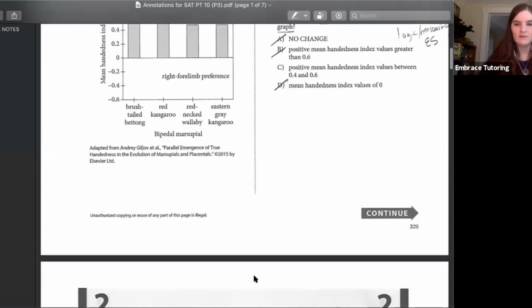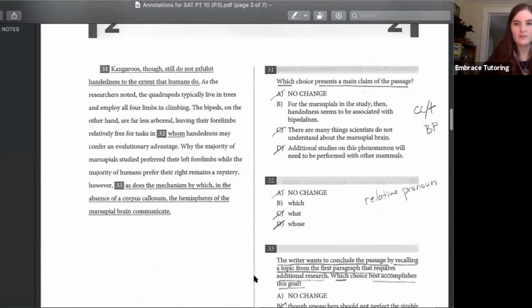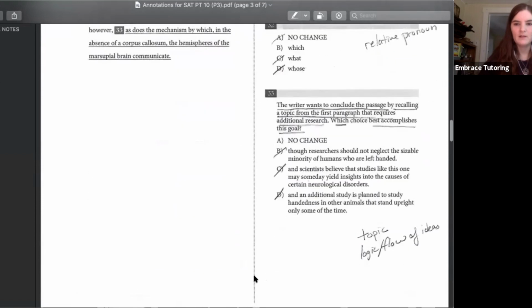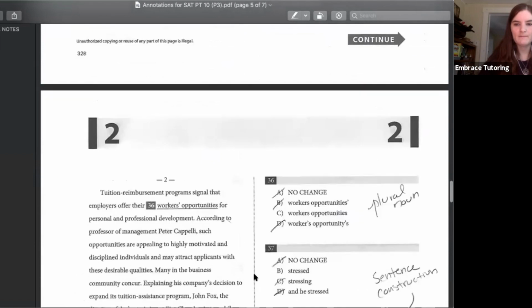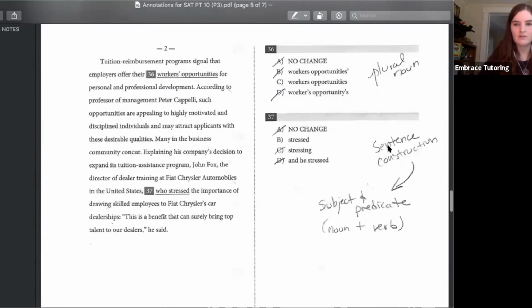Conjunctional list, transitional phrases, relative pronouns, ideas, sentence structure or sentence construction, dealing with subject and predicate, noun and verb. That's exactly what we talked about today for 37. Being able to identify the most appropriate form. Okay.